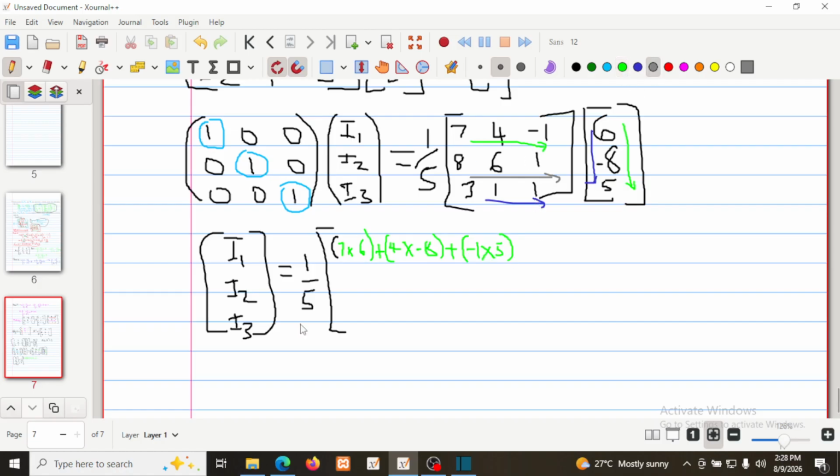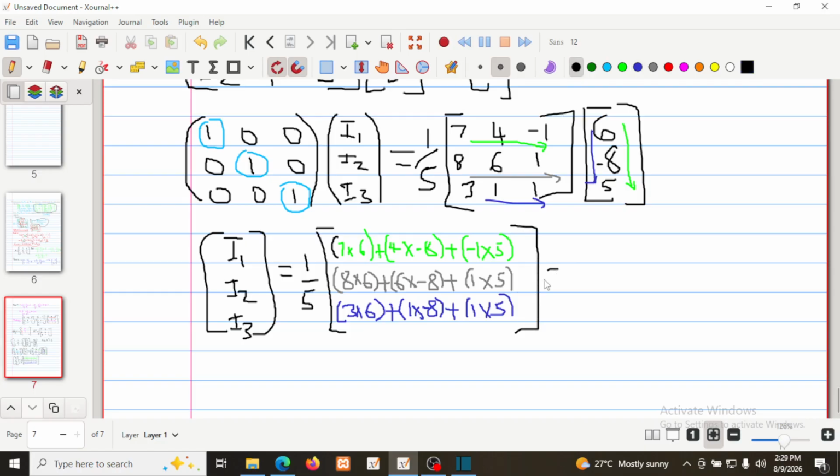Then we have 8 times 6 added to 6 times negative 8, added to 1 times 5. Then the last one we have 3 times 6 added to 1 times negative 8 plus 1 times 5.